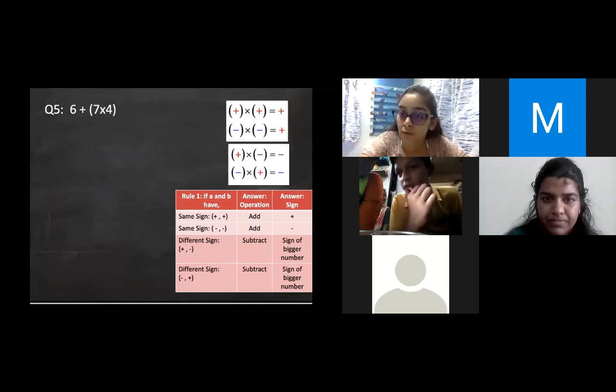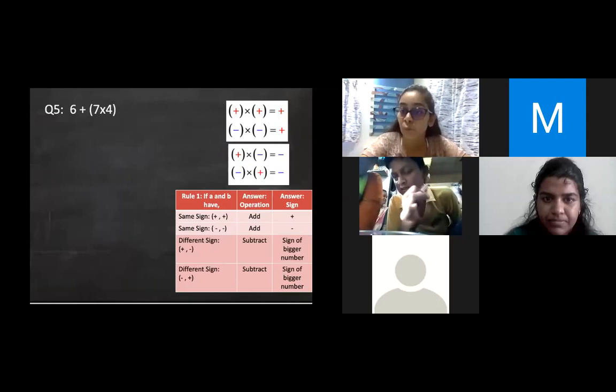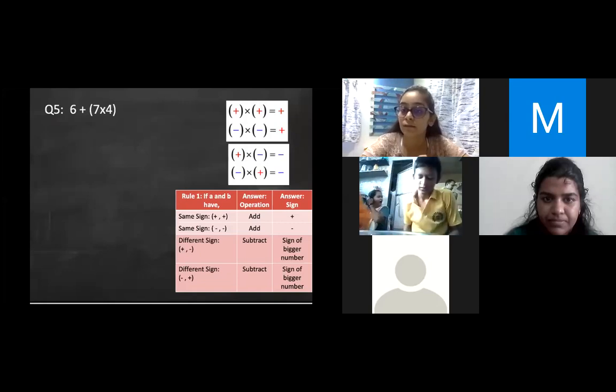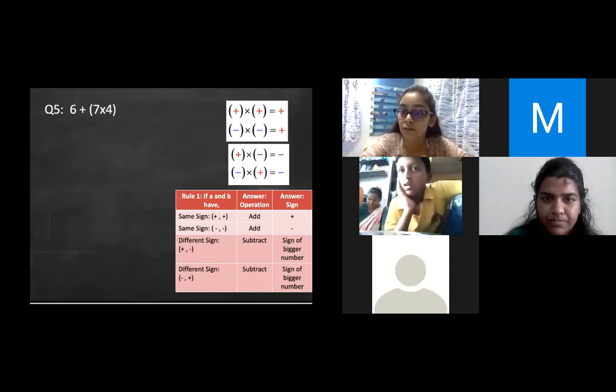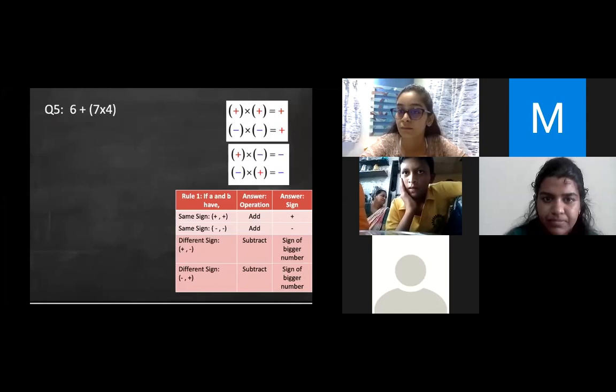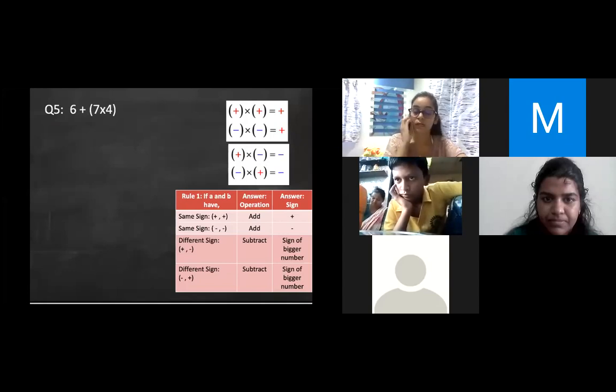Note this down in your textbook if you've not already written it down. Faisal, I don't see you noting it down. Zainab, I cannot see you noting it down either. Note it down in your textbook. Any number which does not have a sign in front of it is a positive number.